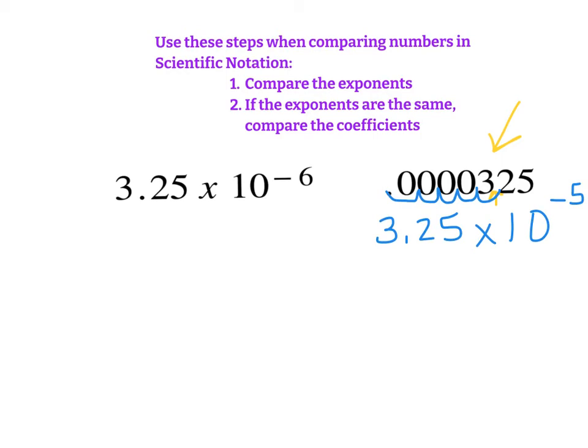All right, now that it's set up, now I can go through the steps. Compare the exponents, and we can see -5 is closer to 0, so -5 is a greater exponent than -6. And, oh, it just so happened our coefficients were the same.